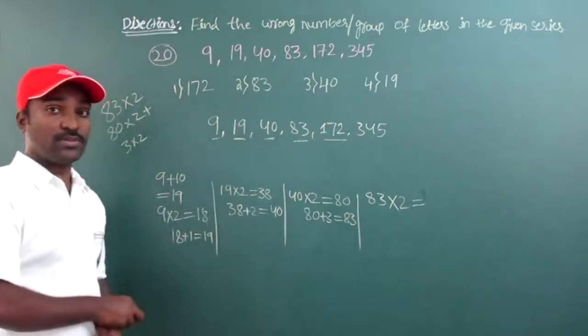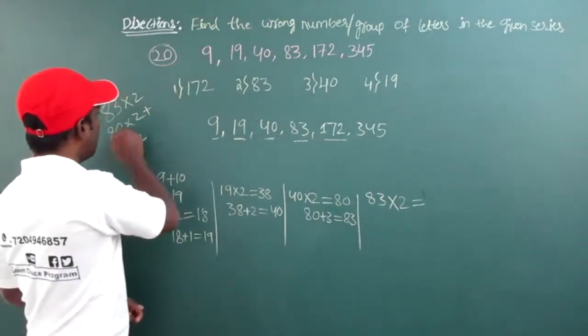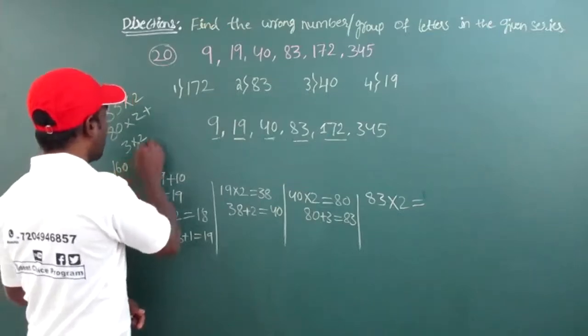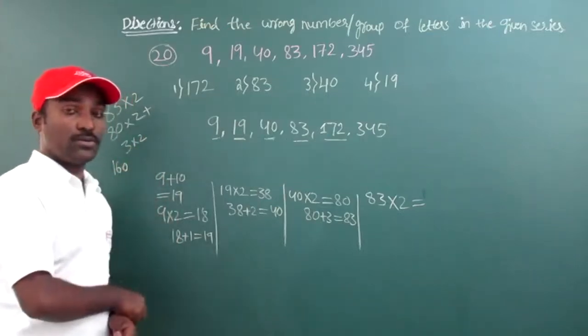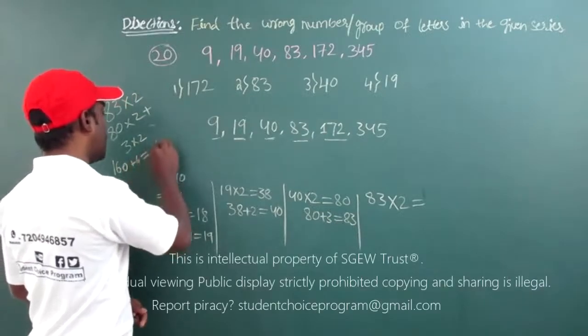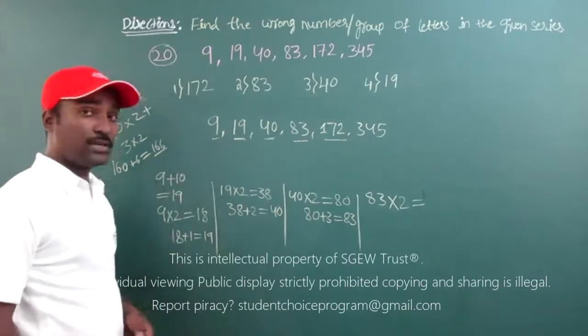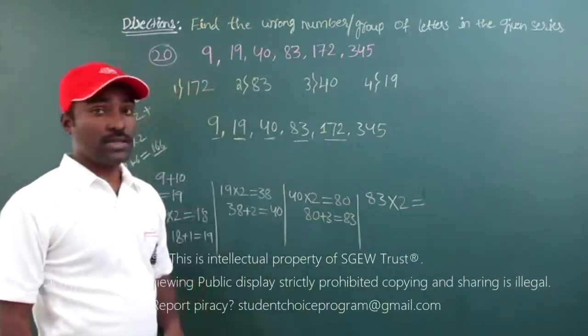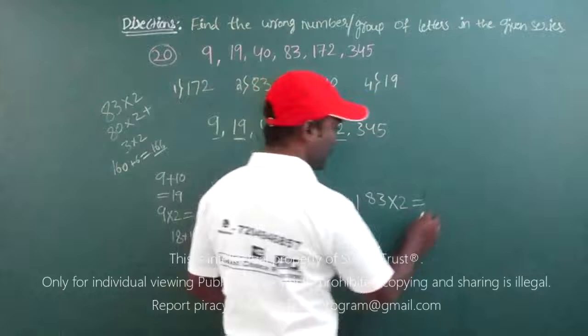So this is called split and merge. 80 into 2 is 160. What is 3 into 2? It is 6. That equals 166. That means 83 into 2 is 166. Okay, I will write here.